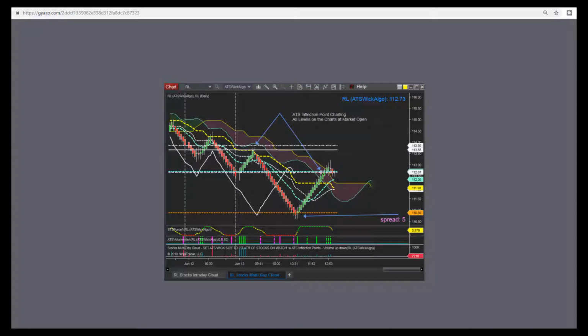Went right back into the existing day-before inflection point and started consolidating, as well as the cloud. All the stuff you're seeing is pre-put on the charts. This is all about creating a trading plan where you understand the system, you understand what you're looking for, and you trade your own symbols.